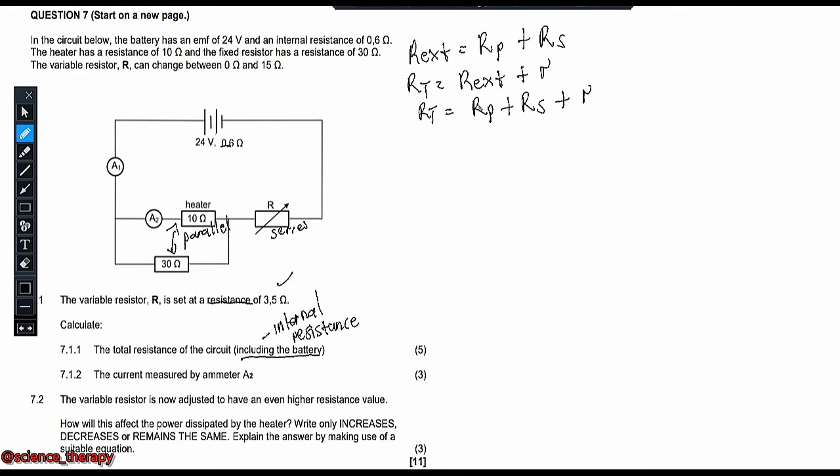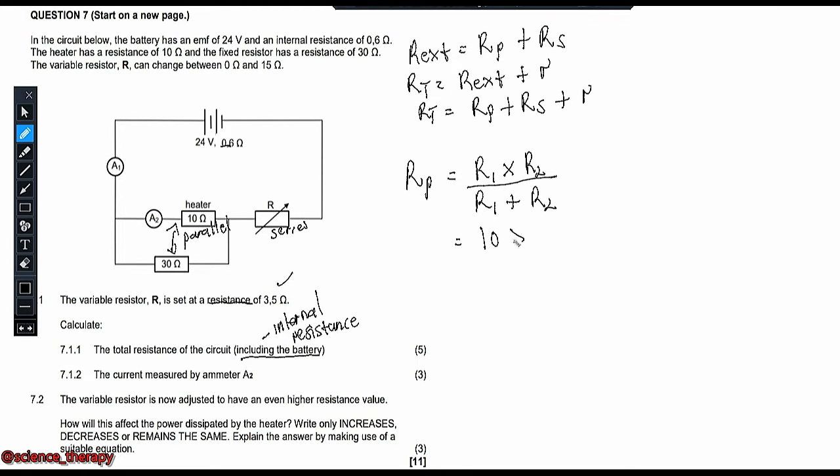Now obviously the first thing that we need to calculate here is the resistance in the parallel, right? So we can simply calculate that using our product over sum formula, which goes R1 multiplied by R2 over R1 plus R2. So we have two resistors in parallel, meaning we can do that.